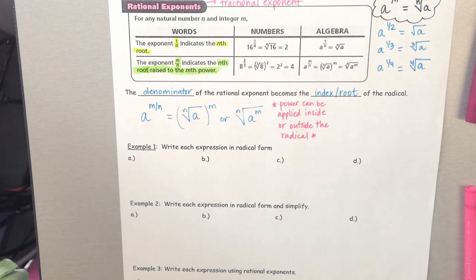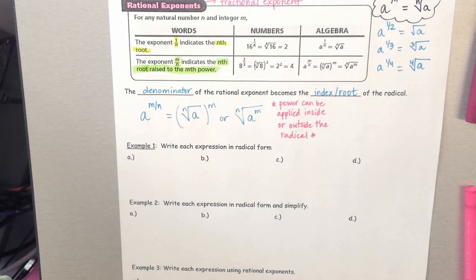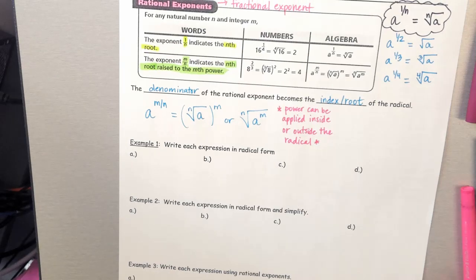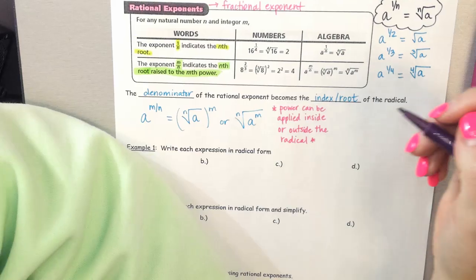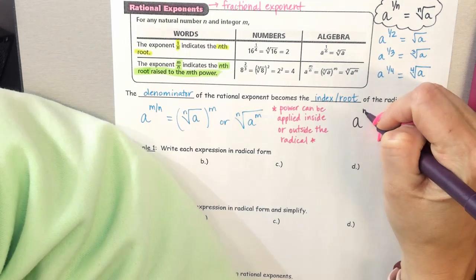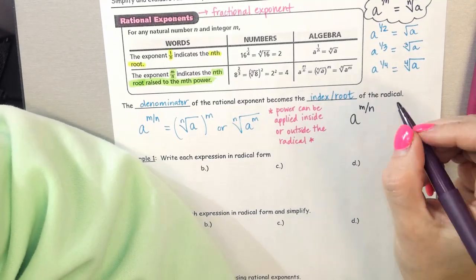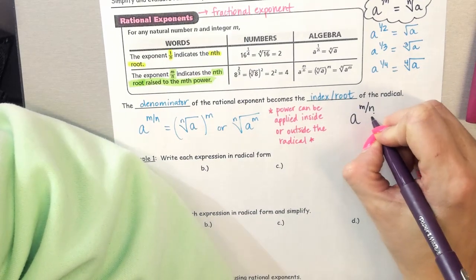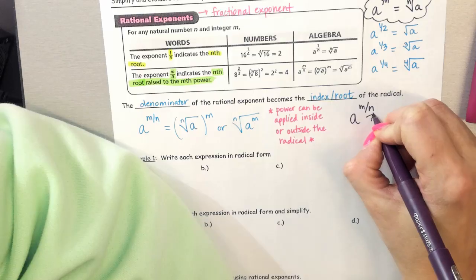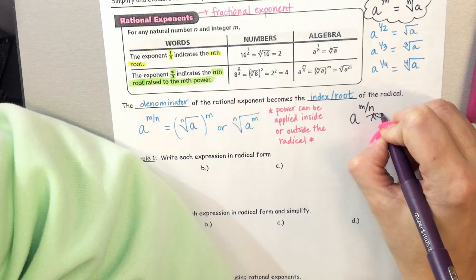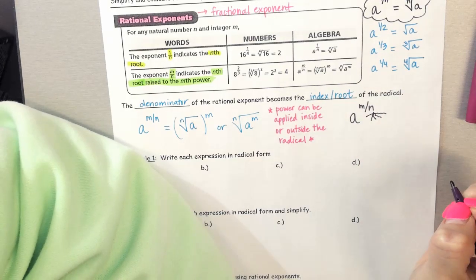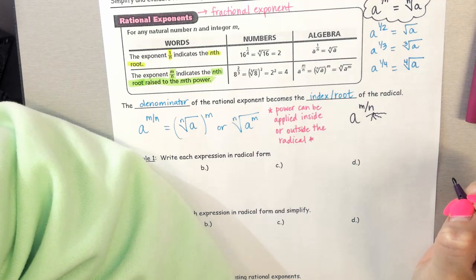I'm always looking for ways that I can remember, like if I'm taking a test or a quiz and it's something where you don't want to be able to look something up. How can I remember which is which? How can I remember what's the root and what's the power? And what has always worked for me is remembering a tree root. Right? If you have the root of a tree, where do those grow? In the ground. Yep, underneath.